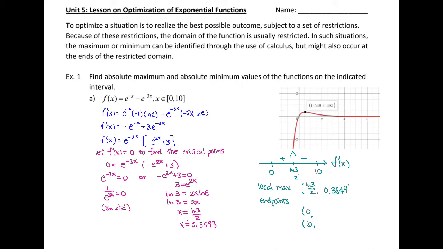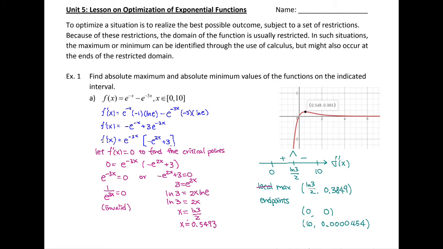And you will get 0.3849 at the critical point. When x equals 0, y is 0. When x equals 10, y is 0.0000454. So as you can see here, the highest value is 0.3849. So we say this is the absolute maximum, or you can say that's global.